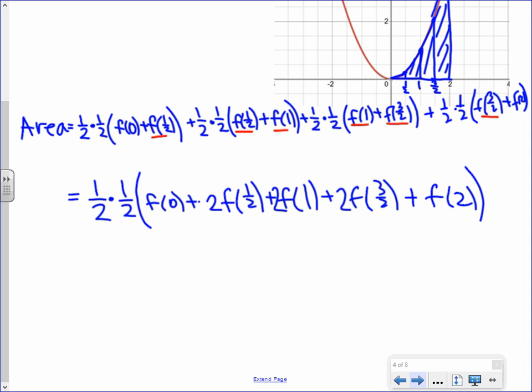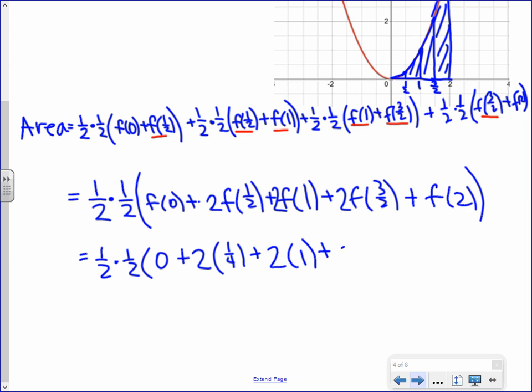Okay, so let's go ahead and figure this out here. So f of 0 is 0. F of 1/2 is 1/4. F of 1 is 1. F of 3/2 is 9/4. And f of 2 is 2. Okay.